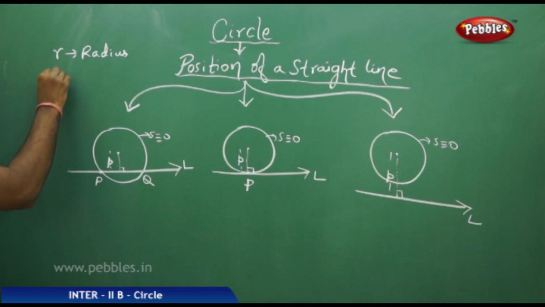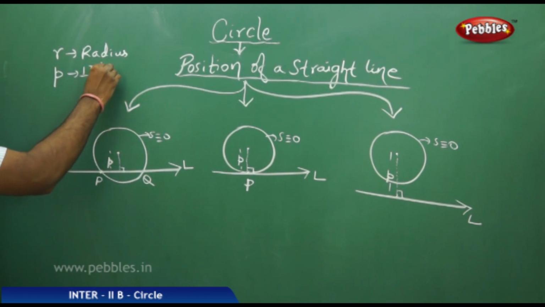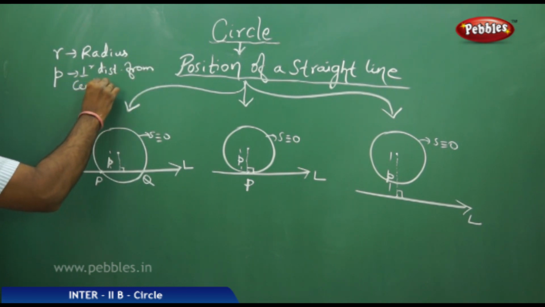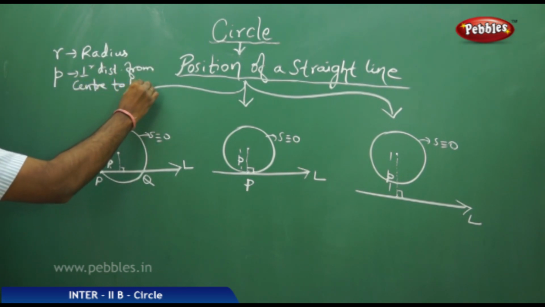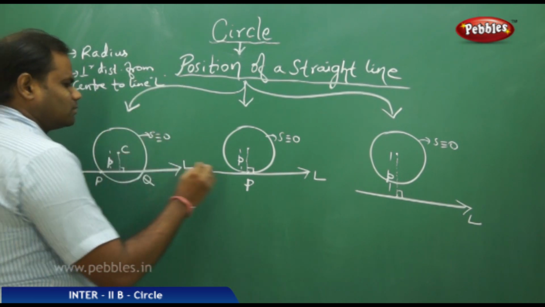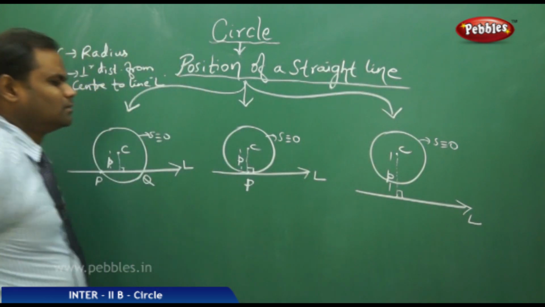Then I say p is the perpendicular distance from the center of the circle to the line L.